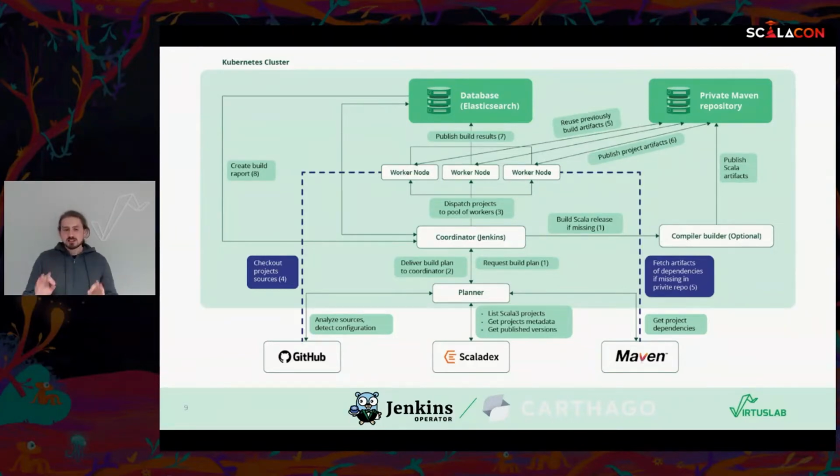However, as we have this list of projects that we can potentially build, we need one important piece of information, which is the versions at which they were published. Again, this information we take from the Scala text. It has all the information about each of the submodules of a given project with the corresponding versions. So we can find the latest version here.